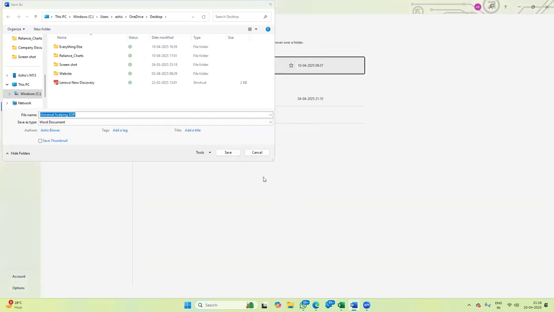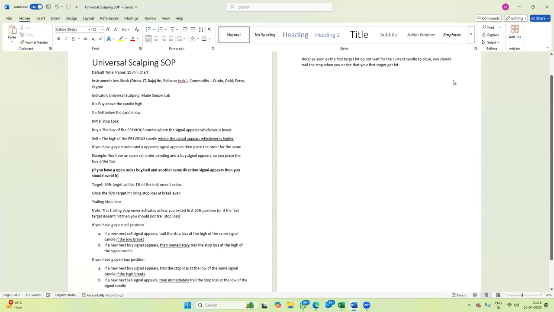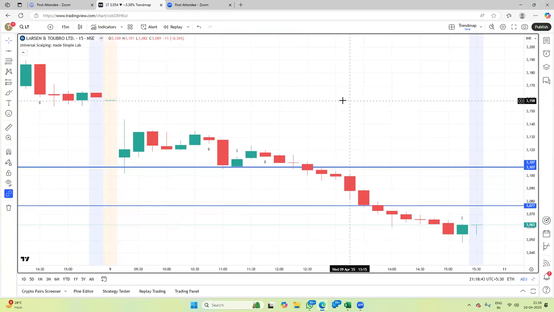Is this strategy already in algo, or is it a manual one? It is already work in progress in algo. The trailing stop loss part is pending.